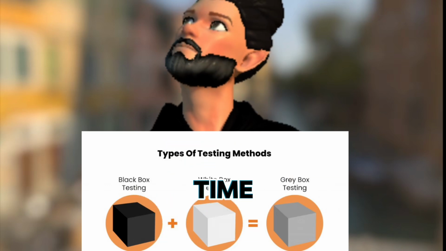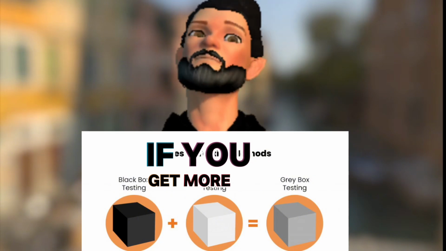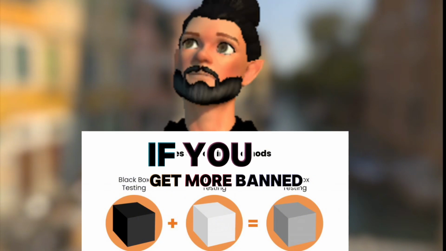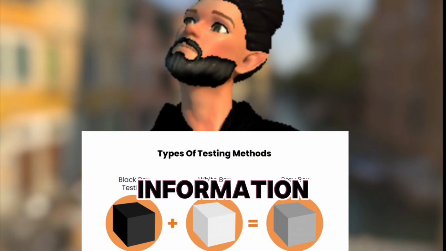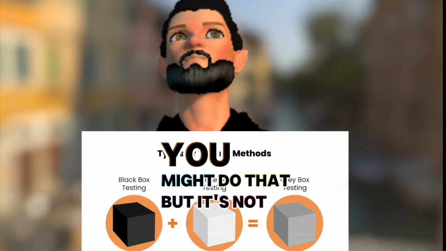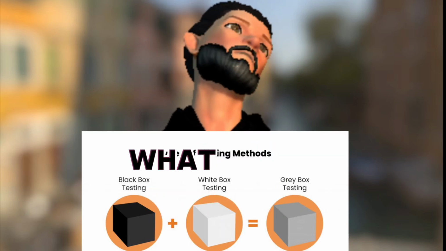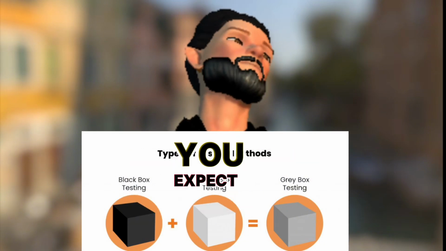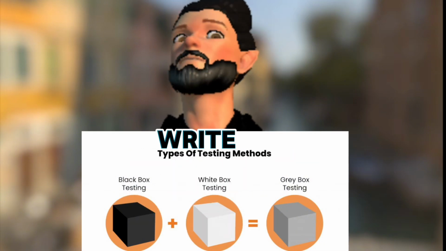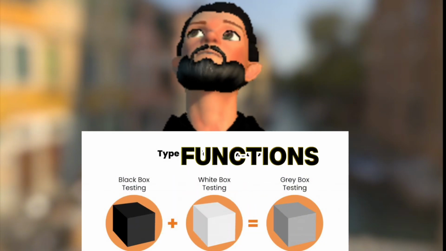If you get more time, more information, more bandwidth, you might do that, but it's not that valuable to know each and every function. In that way, you expect the developer to write the unit tests and make sure all their internal functions are working fine.